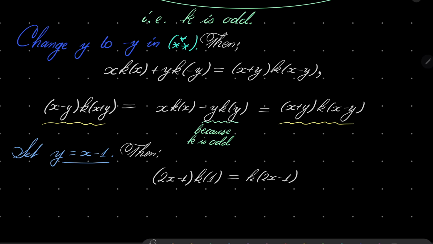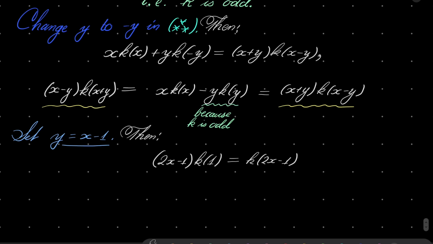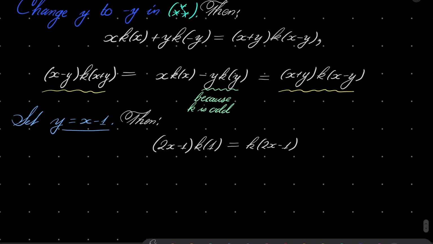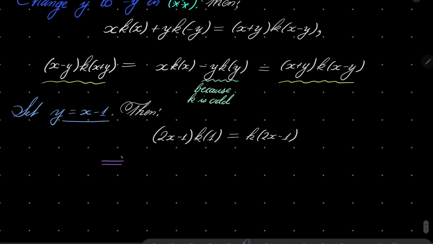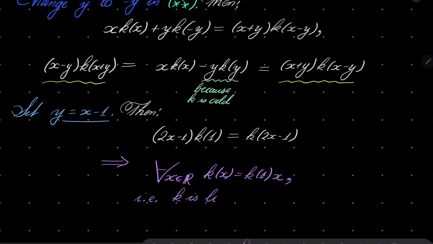No, it's all well and good. Everything right? Yes, it is. All right, and now that means x is arbitrary. Our function is linear. So after changing arguments, for every real number x, k of x equals k of 1 times x, i.e. k is linear.